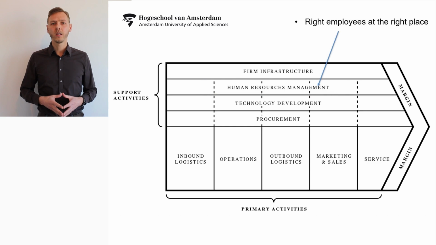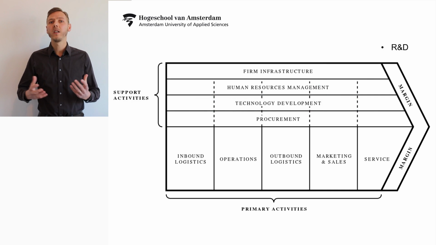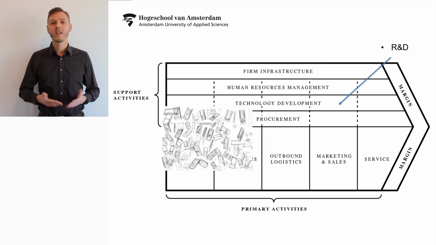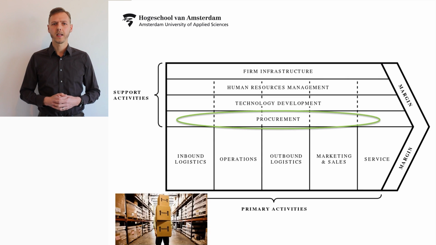Then we have the technology department. I always like to call this the R&D, the research and development department. This is where these mobile phones are being invented. This is where the sketches are. This is where new products are being developed, because of the ideas that the firm has. And the last one is procurement. Procurement is often a very complicated name.